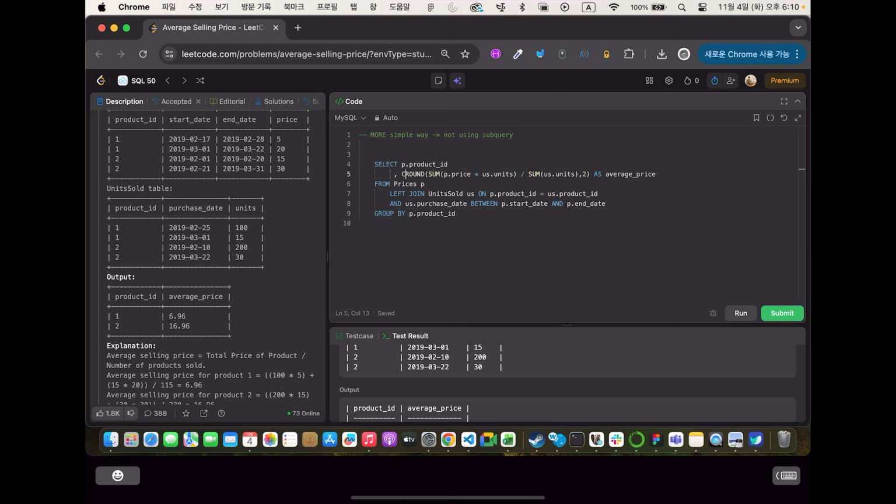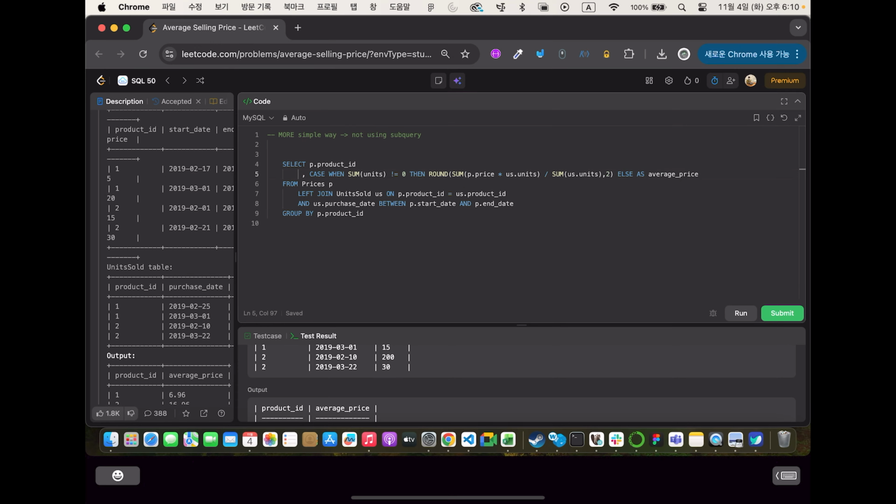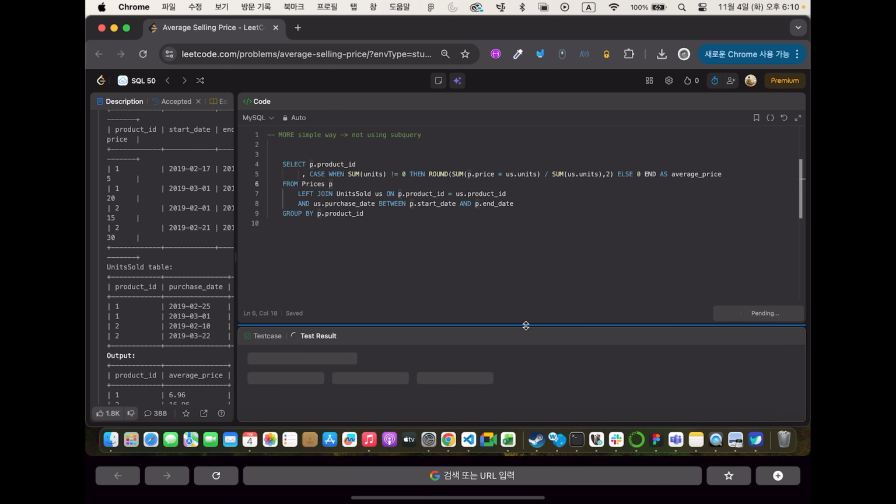And we also use case when sum of units is not 0, then we do it like this, else 0, and that is also the same query that we wanted to write.